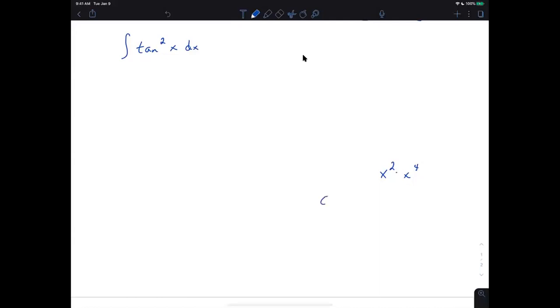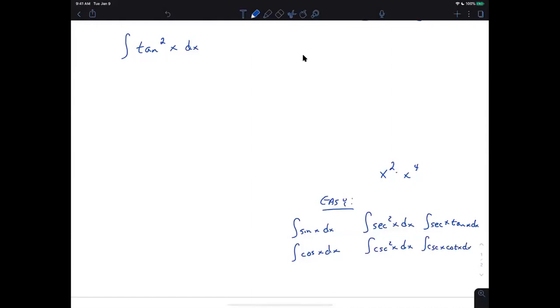And then what makes it worse is the problems themselves, the forms are weird. The easy forms for trig are sine and cosine, which would make sense. But then secant squared is easy, and cosecant squared is easy, but secant is hard, and cosecant is hard, and secant tangent is easy, and cosecant cotangent is easy, meaning those are basic forms.